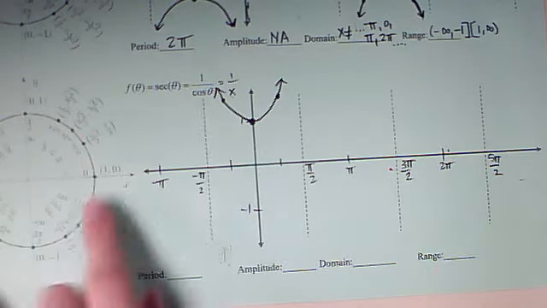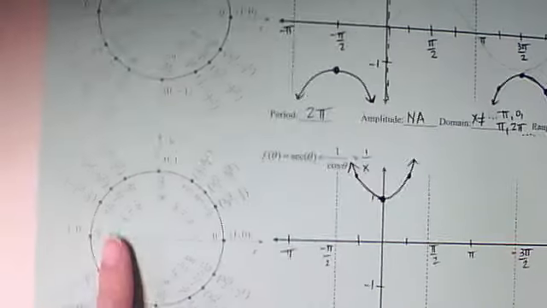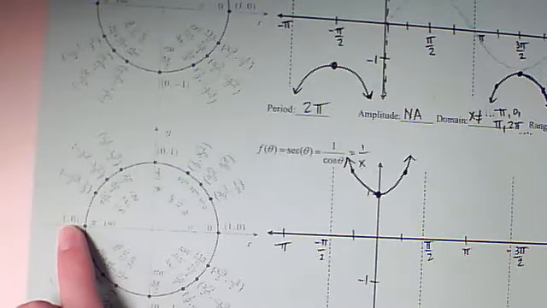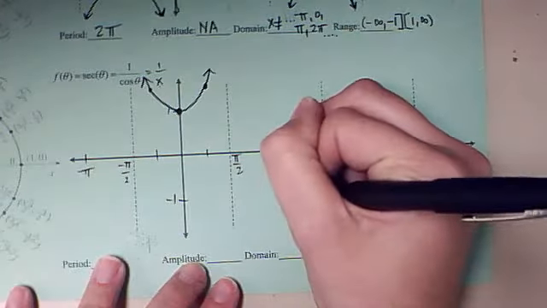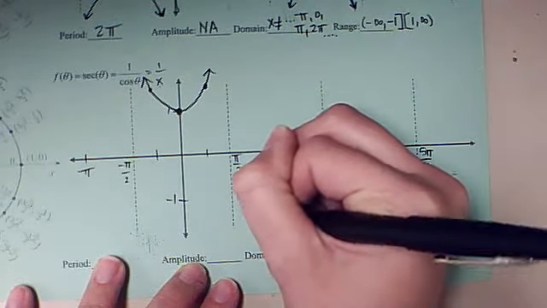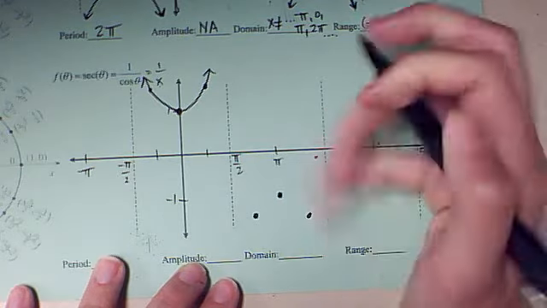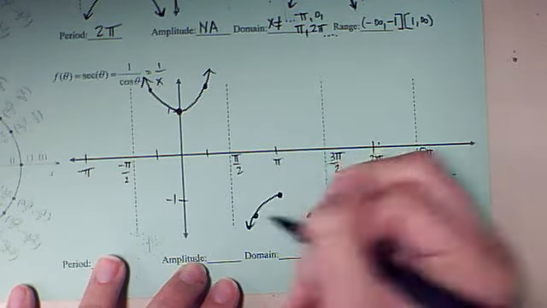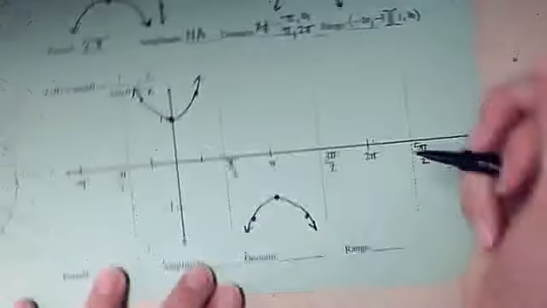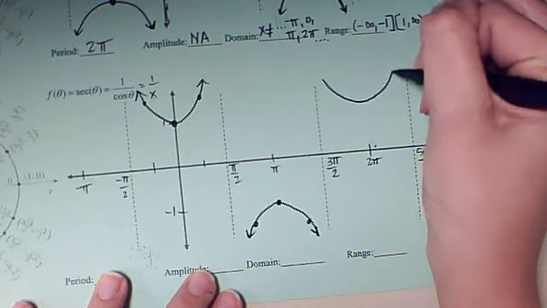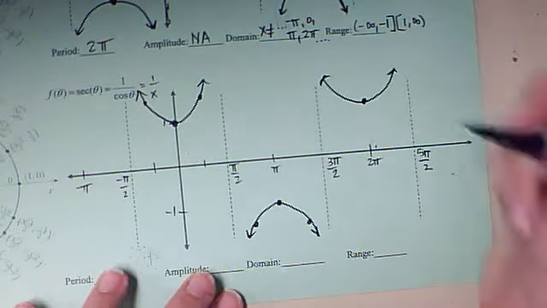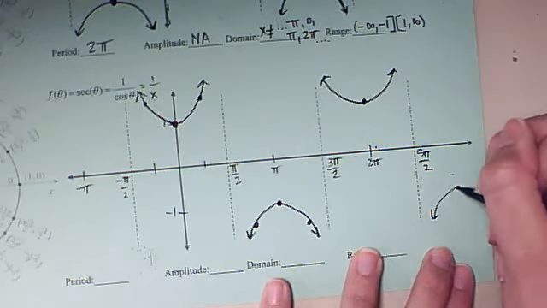It should make sense to you then that when I get to pi, at pi, my value is 1 over negative 1, which is negative 1. And halfway between, I'm getting that bottom scoop. And that pattern will continue again, on and on and on.